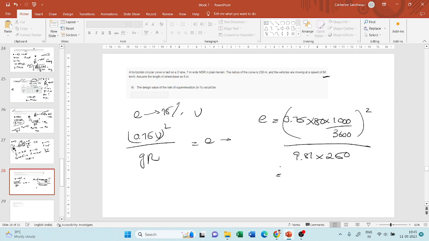So the value that you will get for this is 0.11. So what is 0.11? 11%, right? Into 100, this is 11%.